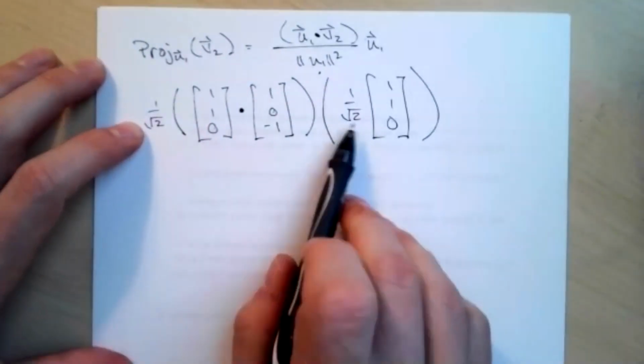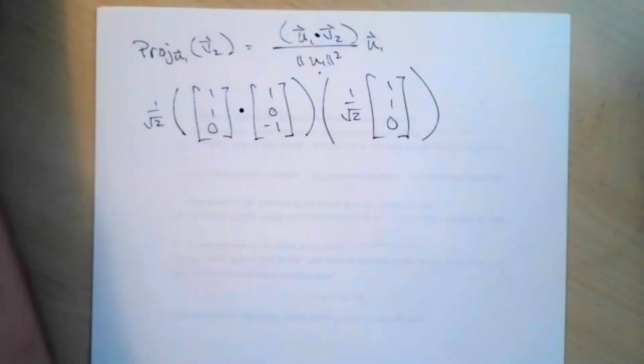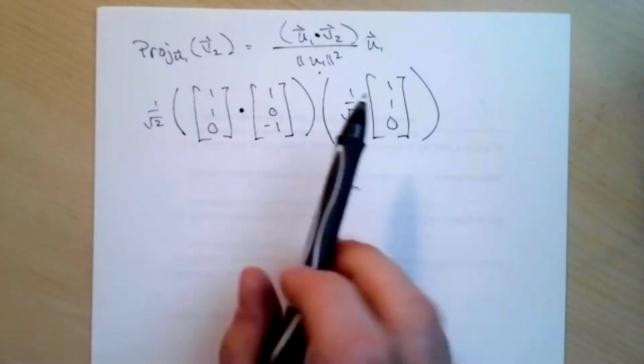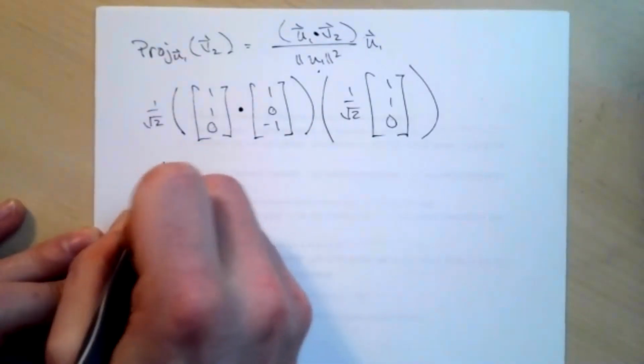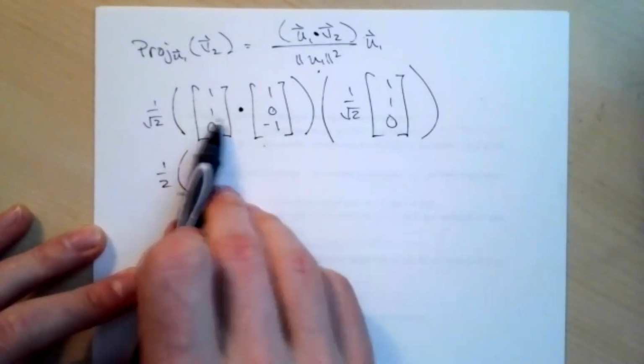But nicely enough, since they are all scalars in all of these operations, hopefully you've picked up on that from linear algebra, this course being about linear operations, scalar multiplication is a linear operation. We can always commute that operation with everything. So we can pull out the scalars. It'll just give us a 1/2. And then now if we take our dot product, what do we get?